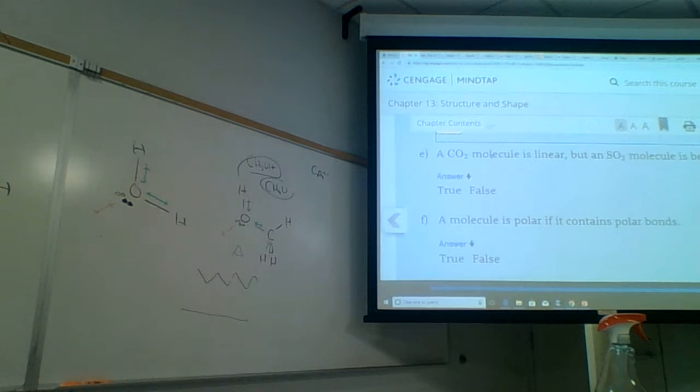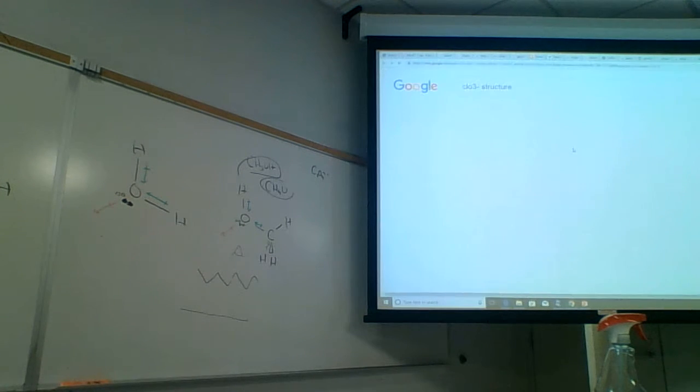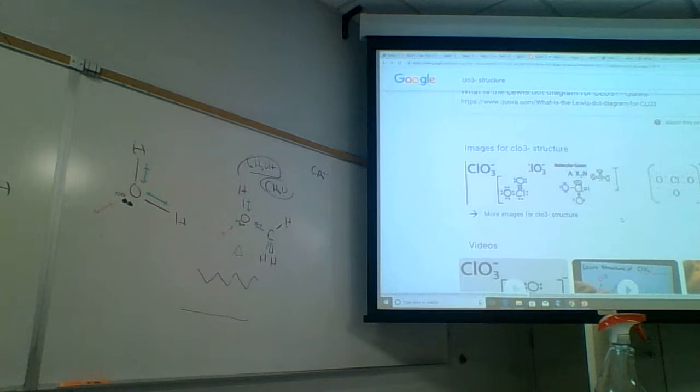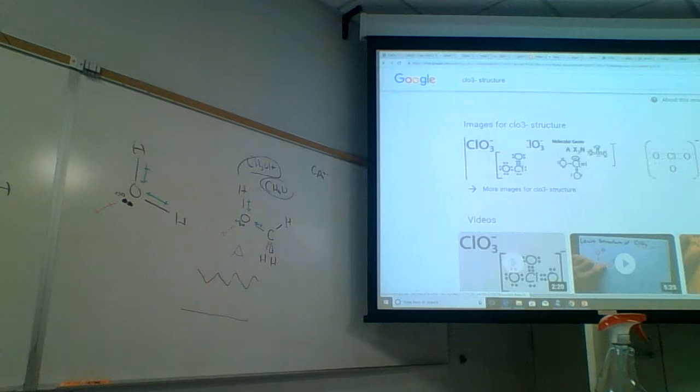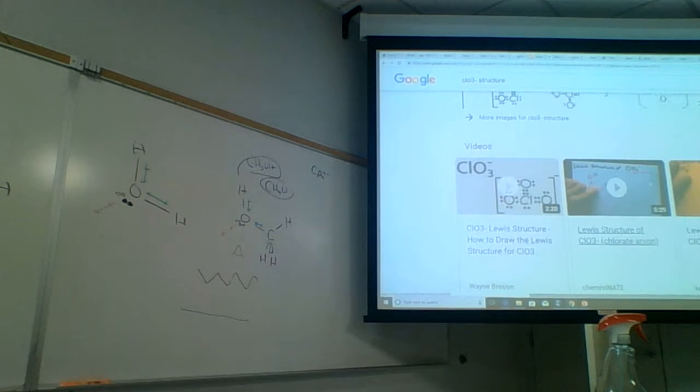Also, it's not so easy to expand the octet, especially having two double bonds on chlorate, because of how the double bonds form. How the double bonds form, we aren't really talking about here. And so let's discuss more in Chem 1A. But if we look at the structures online, you'll see most of the structures here will have two double bonds and a trigonal pyramidal structure.